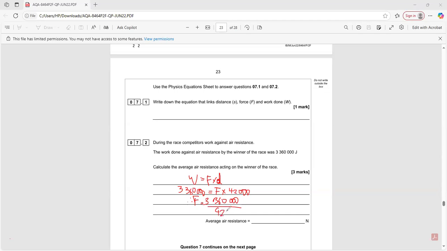Well, I guess they will let you use a calculator. But if you had to do it without a calculator, these zeros would simply cancel themselves out, leaving you with 3,360 over 42.